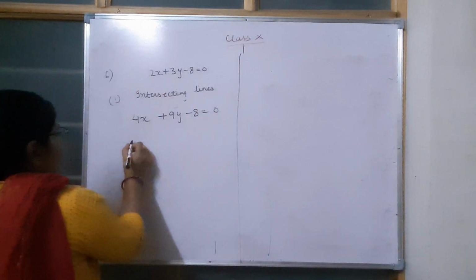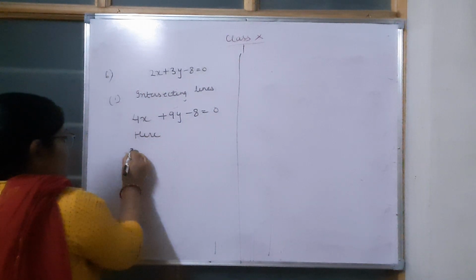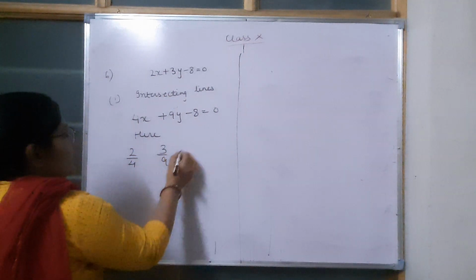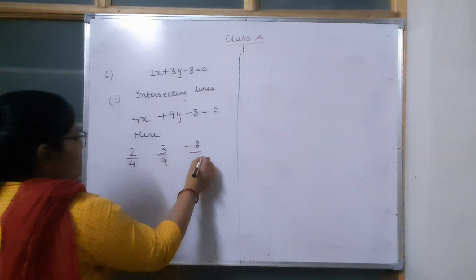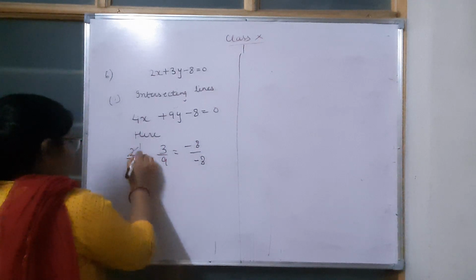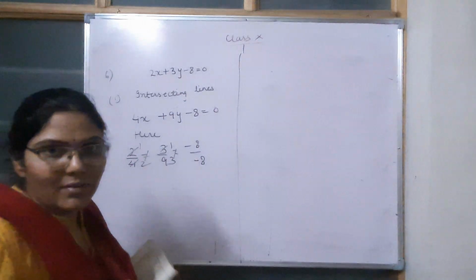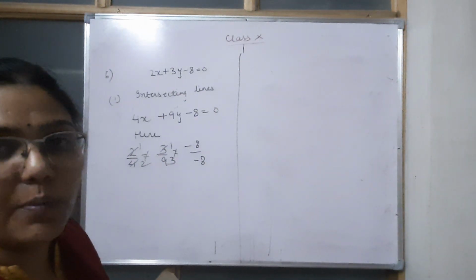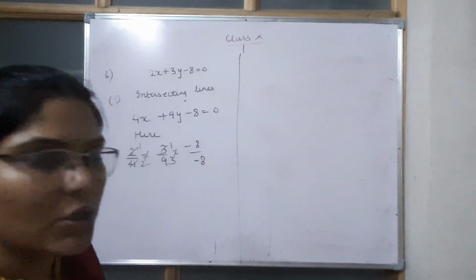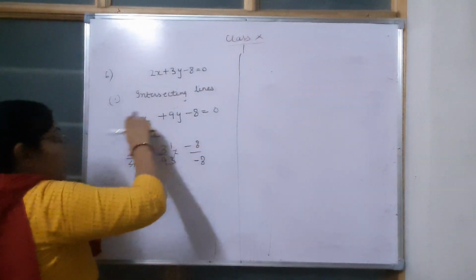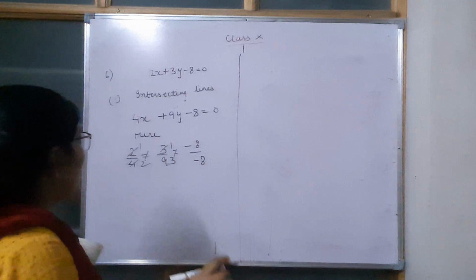Now just look here: 2 upon 4, 3 upon 9, minus 8 upon minus 8. Here 1 upon 2, 1 upon 3, they are not equal. Intersecting lines means a1 upon a2 should not be equal to b1 upon b2. So we can take any equation where a1 upon a2 is not equal to b1 upon b2.